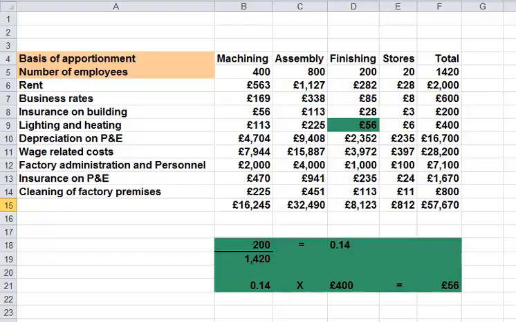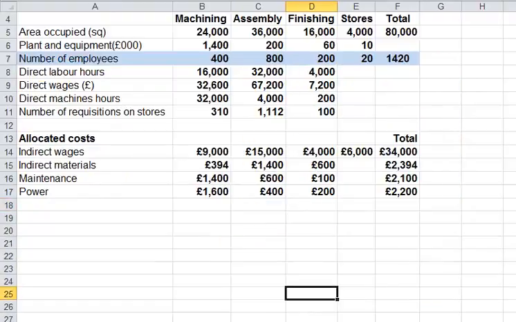Here's the number of employees. Machining has 400, assembly 800, finishing 200, stores 20, total 1,420. Now we could use that for the basis of apportionment. This is the area one we've been using. We could use this one. So there are different ways of apportioning it.